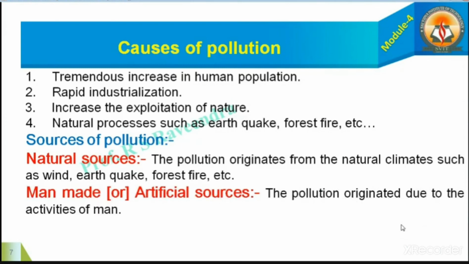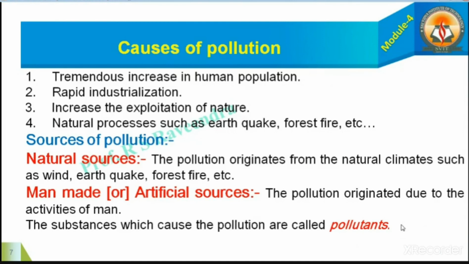The pollution originates due to the activities of humans, the various activities we do in our daily life, which ultimately cause pollution. And the substances which cause pollution are called pollutants.